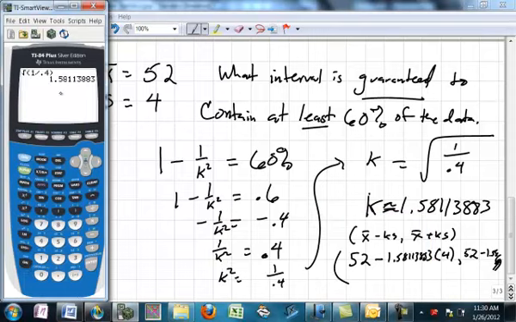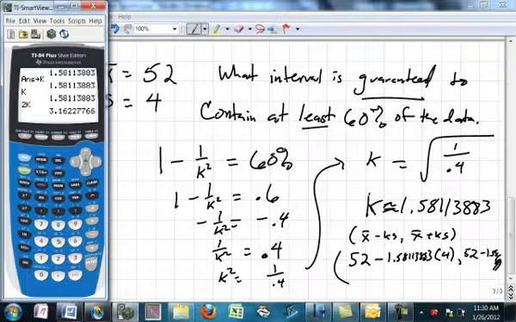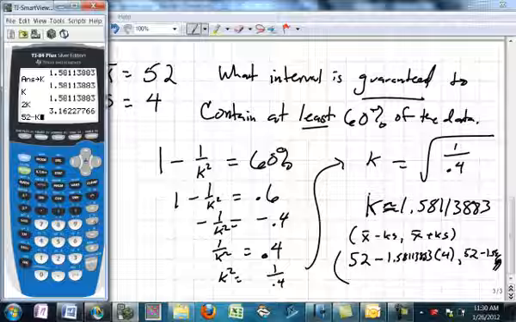Now that's my number there. So I'm going to actually take that number and I'm going to say store alpha k. So now if I just go alpha k and hit enter, it'll be that number. If I do 2k, it'll double that number, and so forth. So what I want is 52 minus k times s, which is 4.